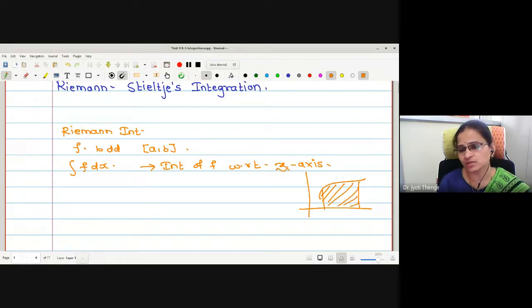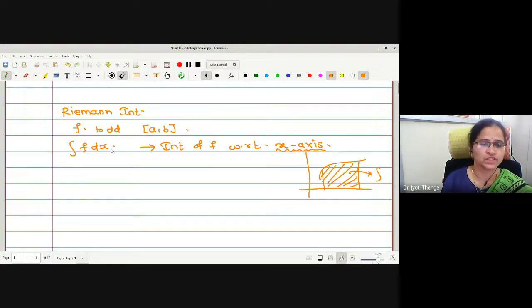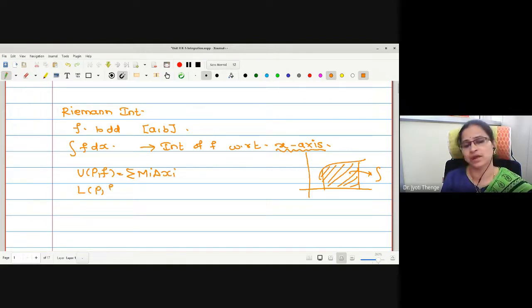Now, why is it so? Because this is the x-axis, and this will give you the integration over your given region. For this, we define two sums: the summation of capital M_i delta x_i, called the upper sum, and the summation of small m_i delta x_i, which is the lower sum.